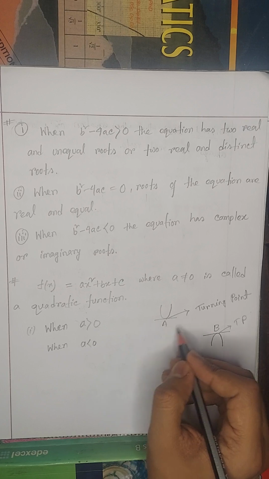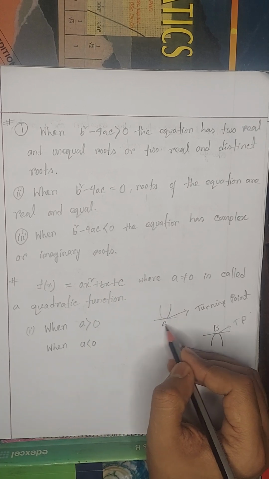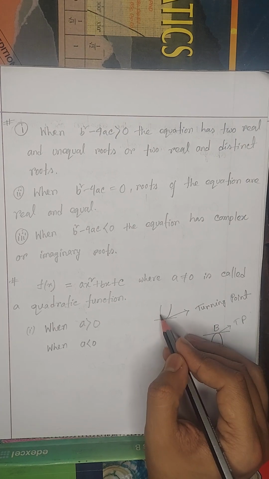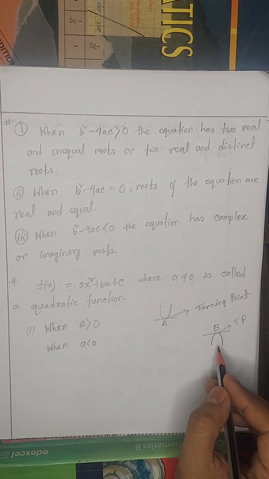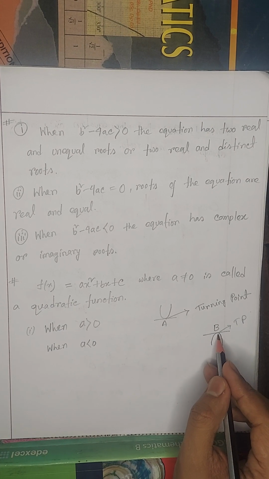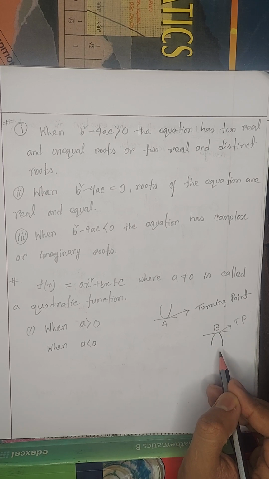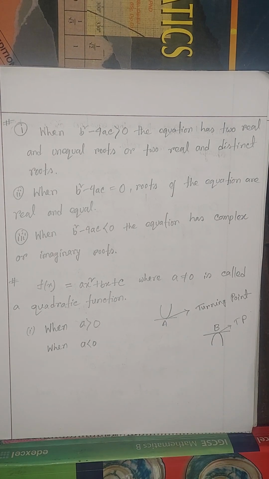When a is greater than 0, the graph will be like this, and there will be a turning point of that graph. And if a is less than 0, then the graph will be like this, and the turning point will be the maximum value, and here the turning point will be the minimum value.